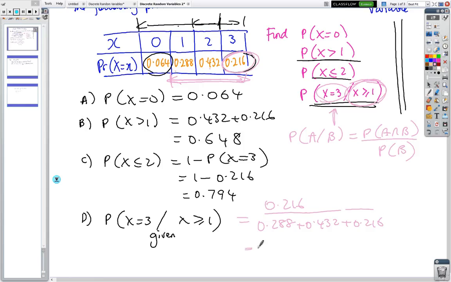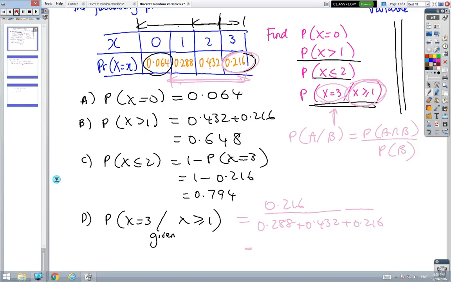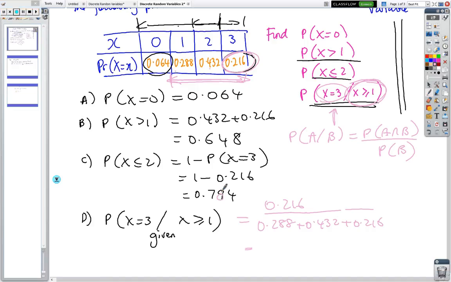I'll go and get my calculator. Okay, I'm back, and I've been pointed out that I made an error there, so that's 784, not 794. Now with this last one, when you divide, make sure you put that number in brackets, otherwise you'll mess it up. 0.216 divided by open bracket 0.288 plus 0.432 plus 0.216 close bracket equals 0.231.